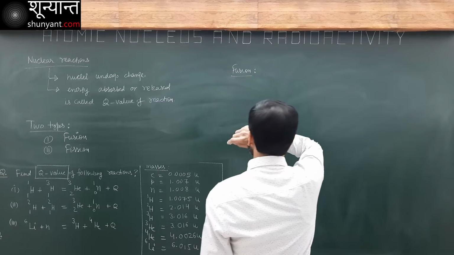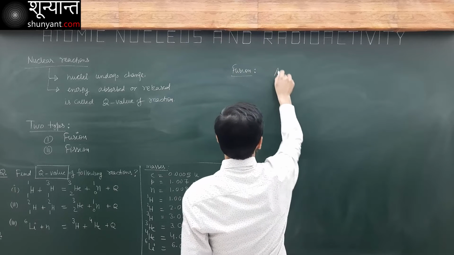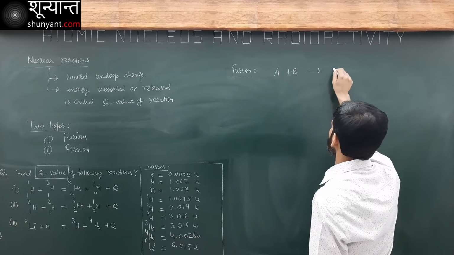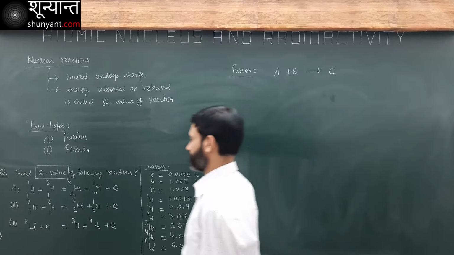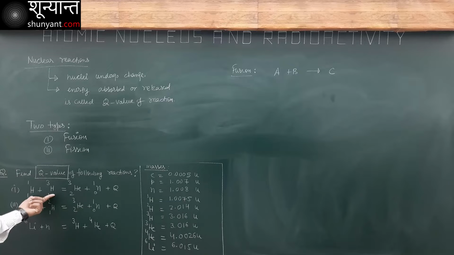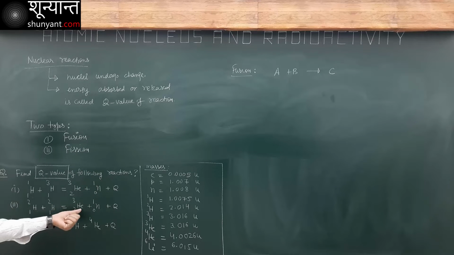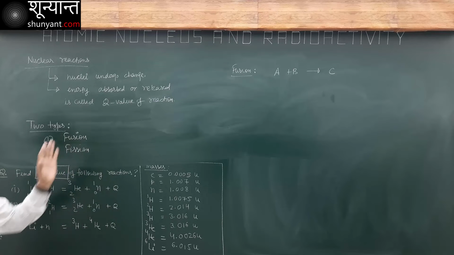Two nuclei, let's say A plus B, fuse together and become C. Two nuclei fusing together to become one nucleus, and one neutron is ejected.